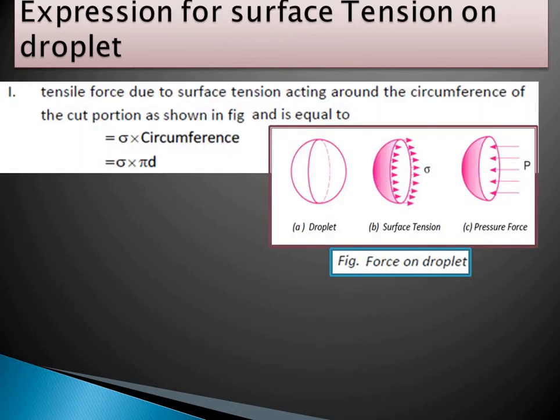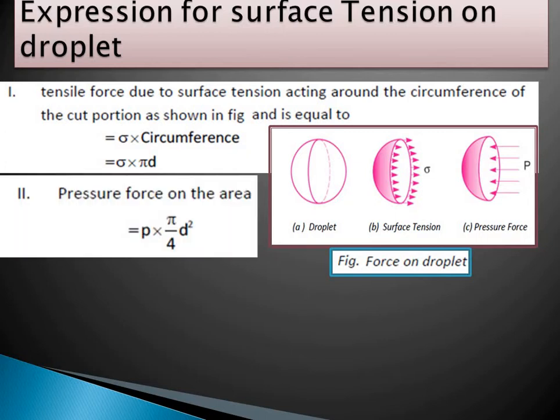Now, with respect to this, the tensile force due to surface tension around the circumference of the cut portion of the figure is equal to sigma into the circumference of this droplet. The circumference is given as pi d. And the remaining force is acting over the cross section of this droplet, which is the pressure force.